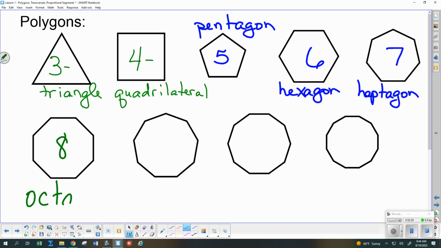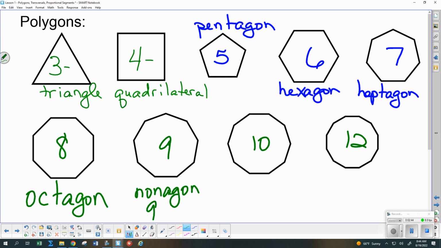It is an octagon. Anybody happen to know 9? What is it? Perfect. It is a nonagon. And when you don't remember it, you can just say a 9-gon.